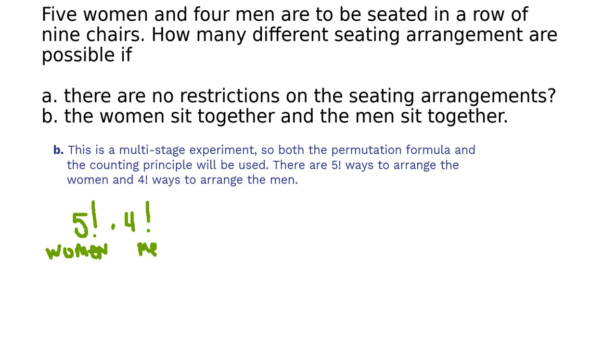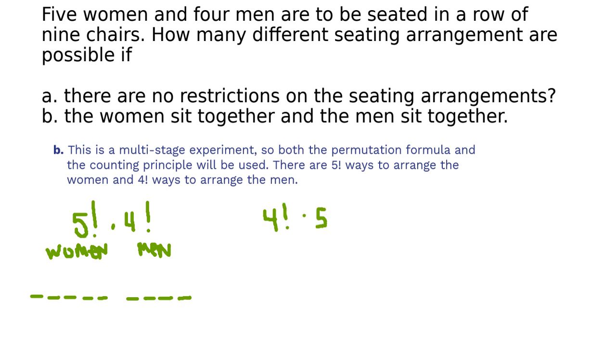Okay. So in this situation, the women are sitting together first, right? So like these are the 5 women, and then we have the 4 men. Okay, but is that the only way that we could have these people sitting? And the answer is no, right? Because instead we could have the 4 men first, followed by the 5 women.